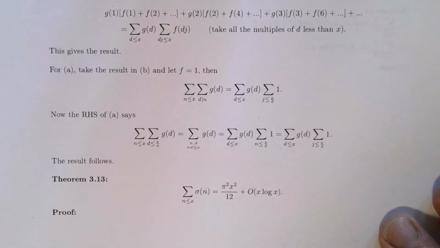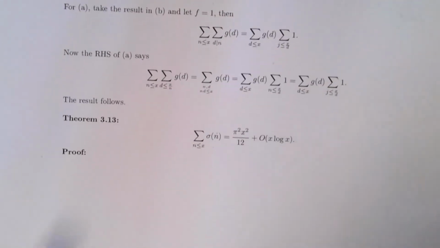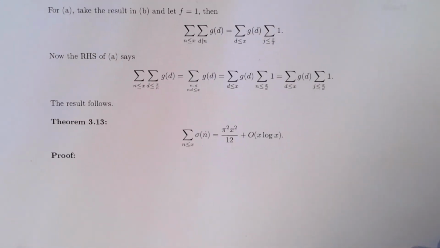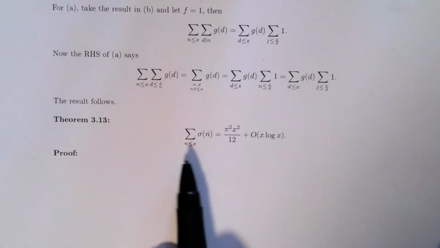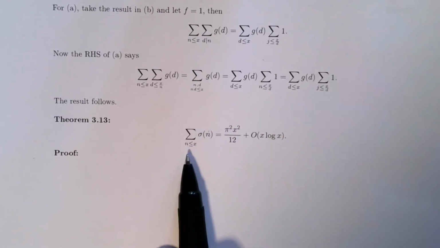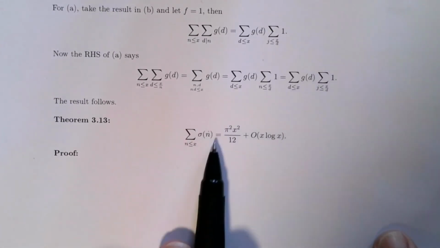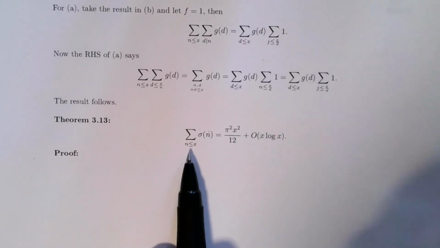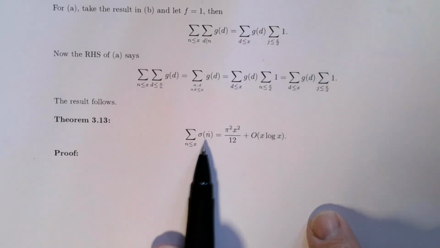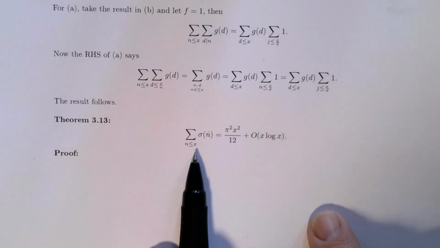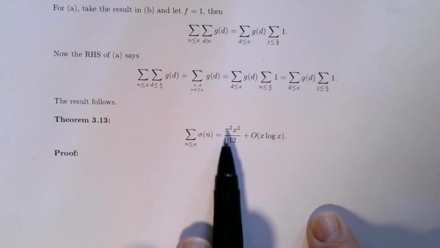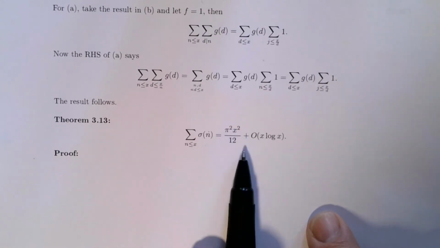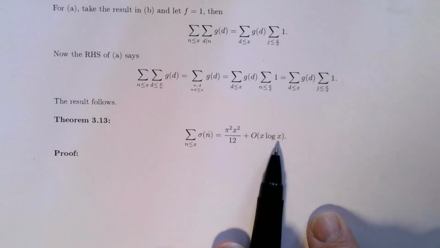Now I'm going to state the next result, and we'll do the proof in the following video, but we can now write down a theorem which tells us the sum, the partial sums of sigma of n for n less or equal to x. And it turns out to be pi squared x squared on 12 plus big O x log x.